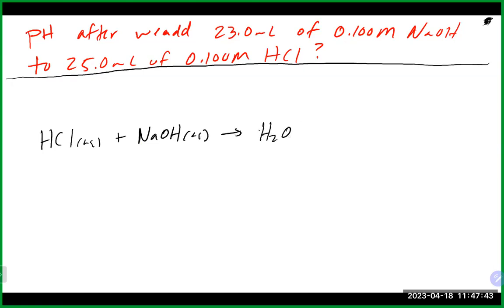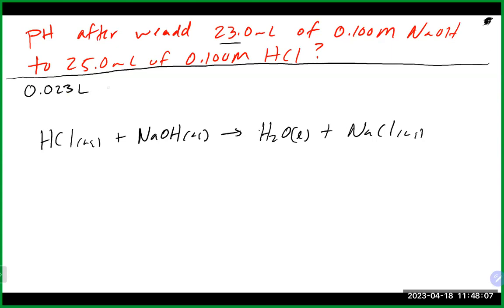So we'll have some H2O and some sodium chloride in this case. Now since this is definitely adding volume here, we need to do this ice table in moles. So we want to convert everybody into moles. So we will convert our milliliters into liters.